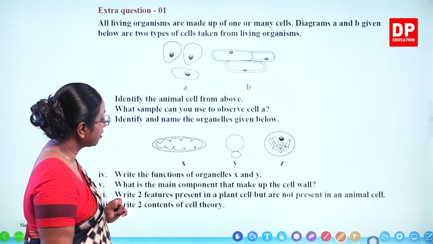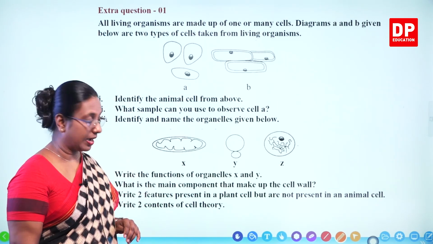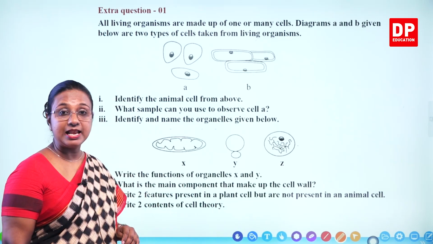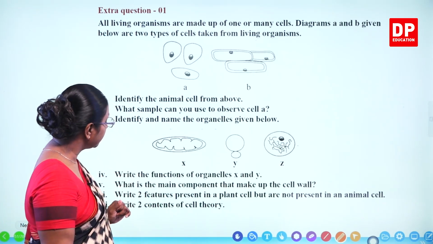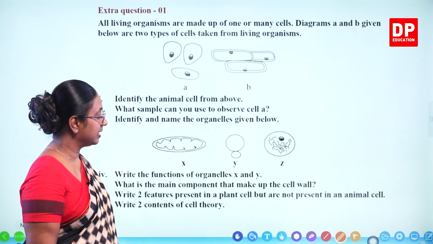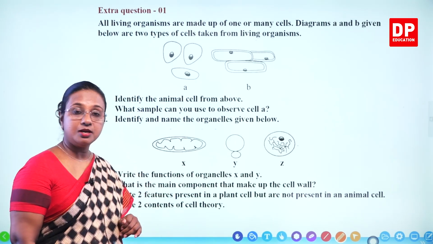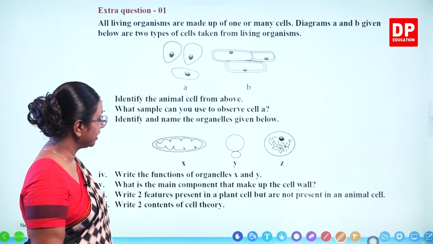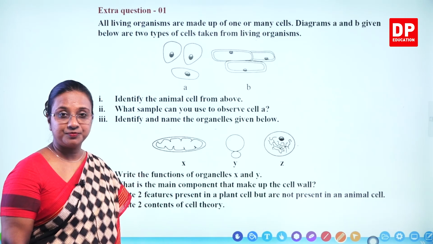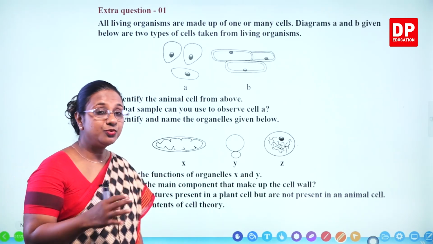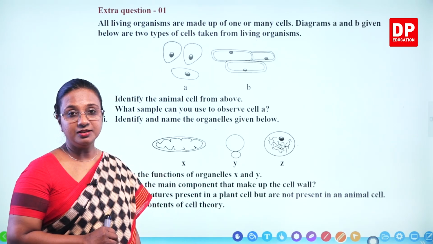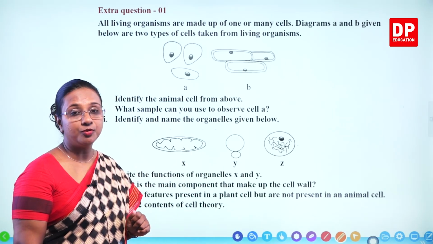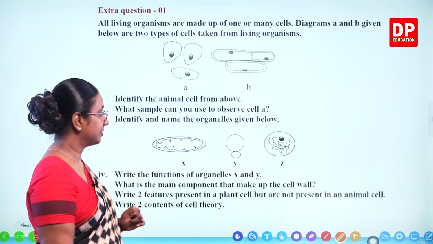Write the functions of organelles X and Y. What is the main component that makes up the cell wall? Write two features present in a plant cell but are not present in an animal cell. Write two contents of cell theory. So once you finish answering the question, you can listen to the discussion. I will move on to the answers.